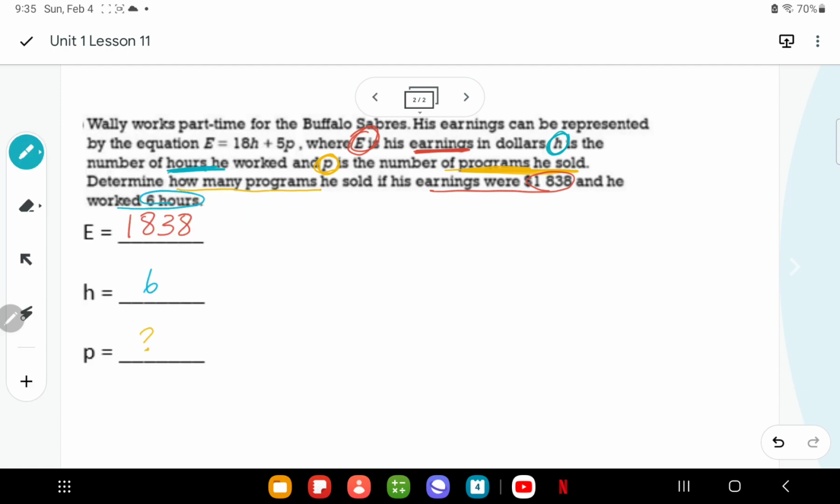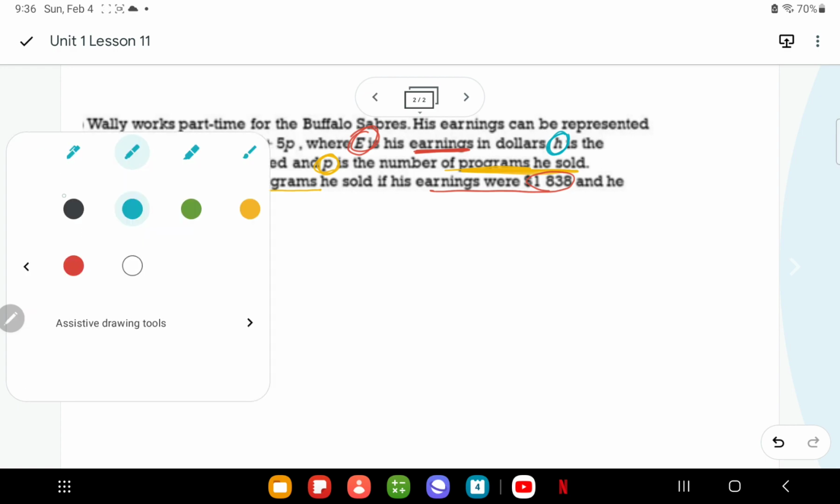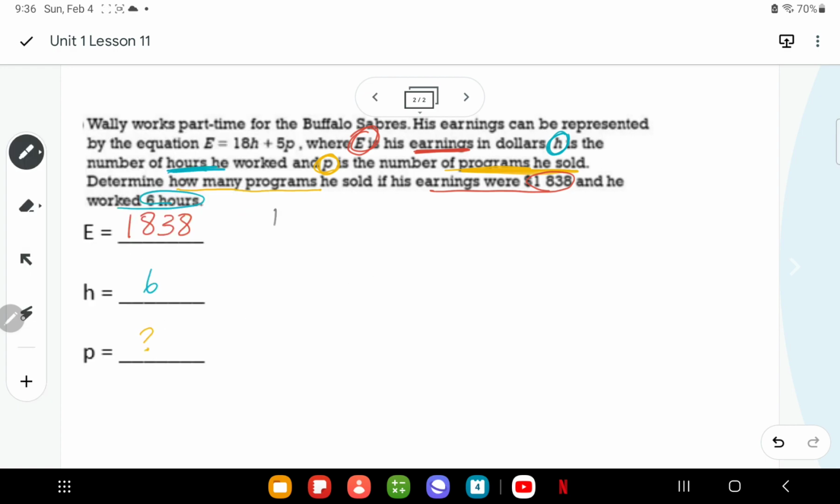So hours is 6. So we're going to go up to our equation, which says E equals 18H plus 5P. Now I'm going to put these numbers into the right spot. The 1838 goes in where the E is. The 6 is my hours. It goes in where the H is.